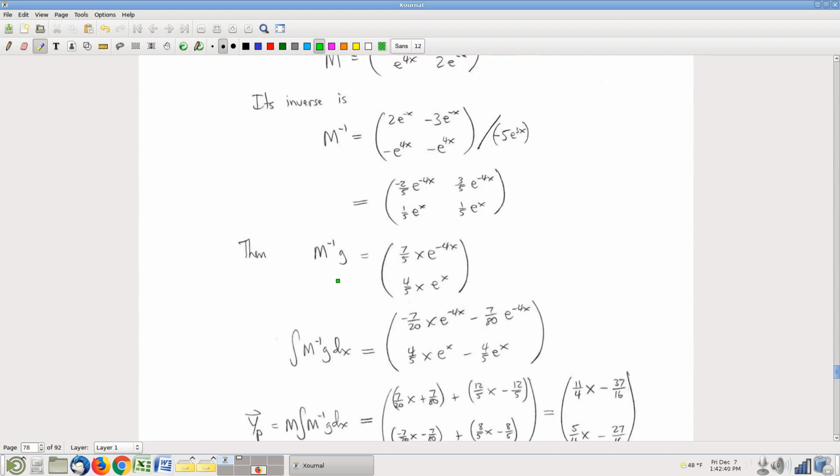The annoying one, you might say, is this M inverse G that you have to take an antiderivative of. Well, gosh, we're taking an antiderivative of a product of an exponential and a factor of x. In fact, we're doing it twice, right?